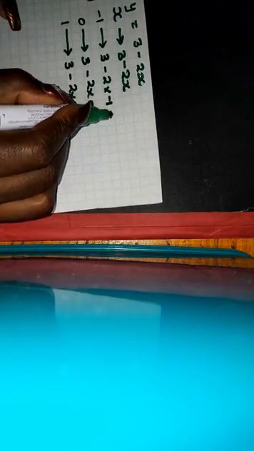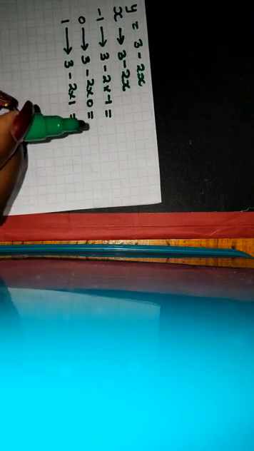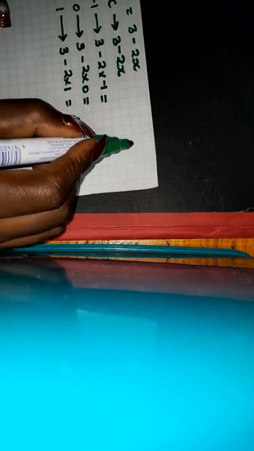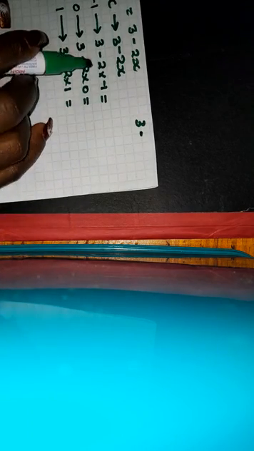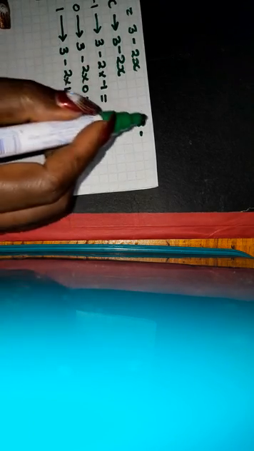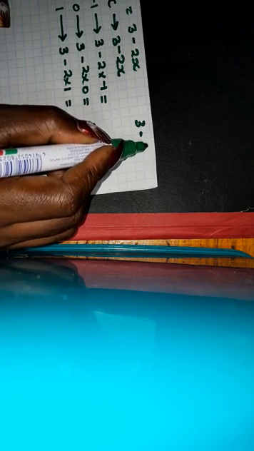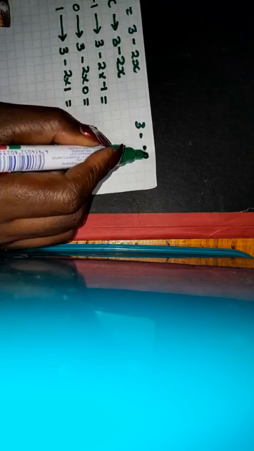So we want to work out the solutions for this. Let us work it out this side. 3 minus, then you say 2 times -1. 2 times -1 is going to be -2.